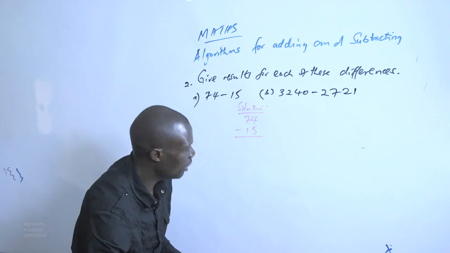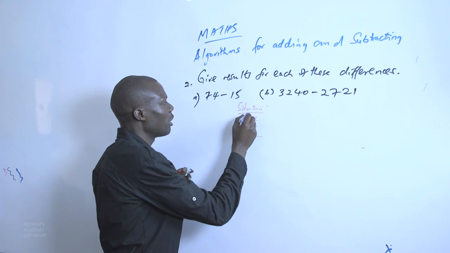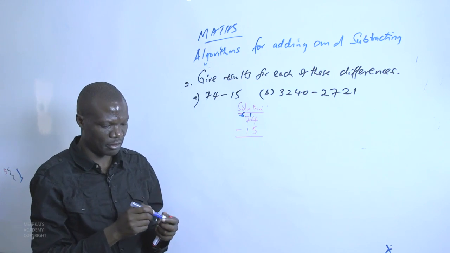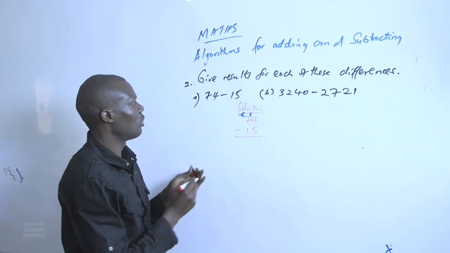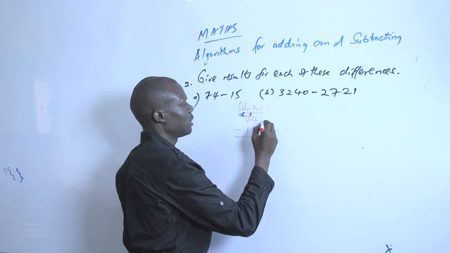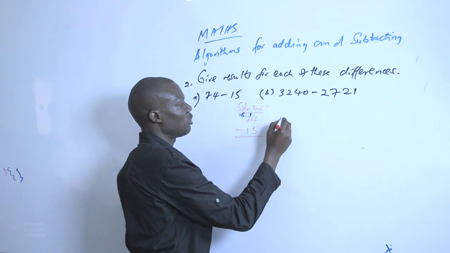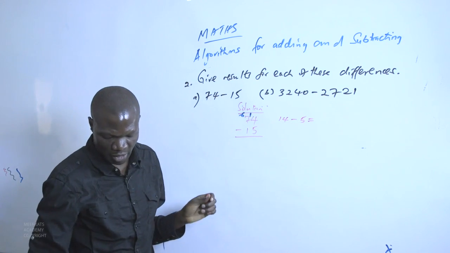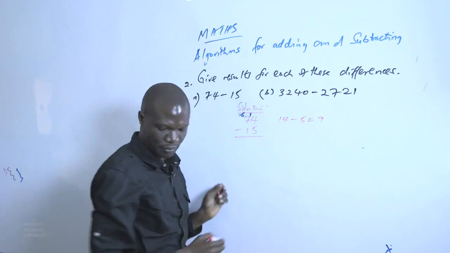So at that point, we are borrowing 1 from 7. We shall remain with 6. So that the first step, when 1 is borrowed, gives us 14 minus 5, which is a 9.